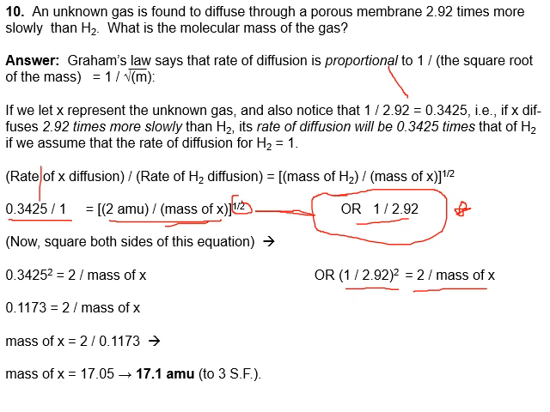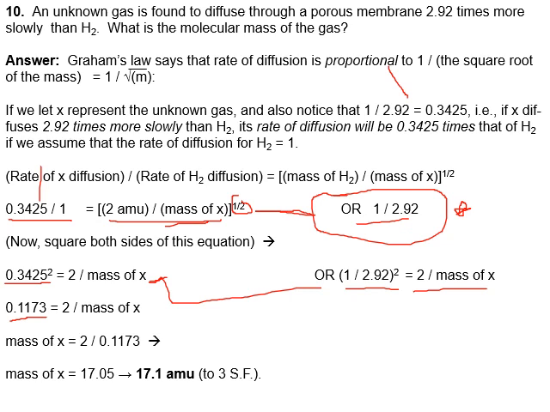So let's switch back over to this side. We have 0.3425 squared equals 2 over the mass of x. Just take your calculator and square 0.3425. That is 0.1173, and that equals 2 over the mass of x.